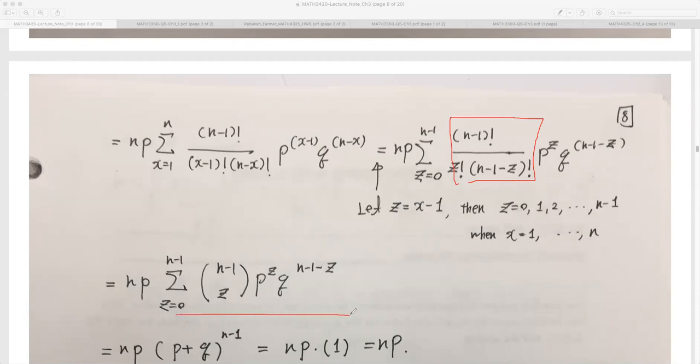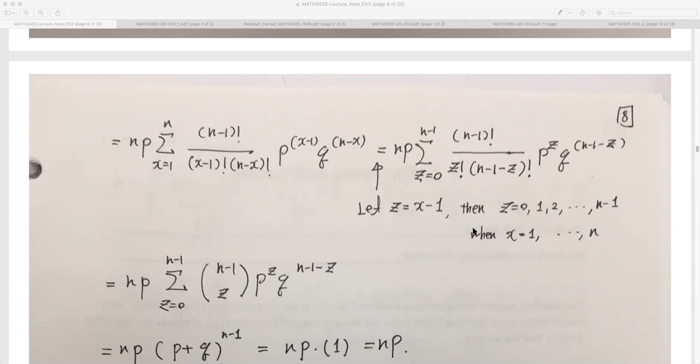Okay, so now we got this, right? This one right here, but that is equal to what? P plus q to the n minus 1. Why? Because that is the definition of binomial expansion. So what's binomial expansion? You see that one in the textbook.